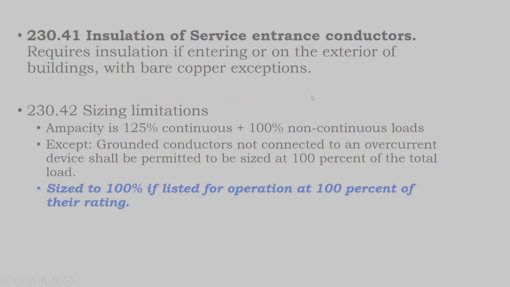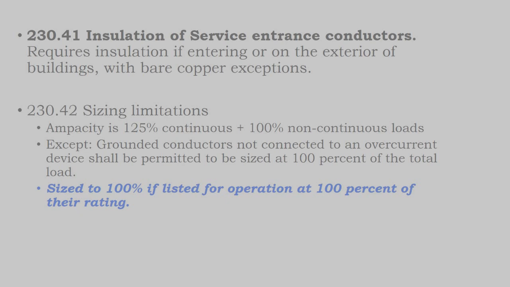All right, so for service conductors, their sizing is based on 125% of continuous loads plus 100% of non-continuous loads. And then it says grounded conductors not connected to overcurrent devices shall be permitted to be sized at 100% of the total load.